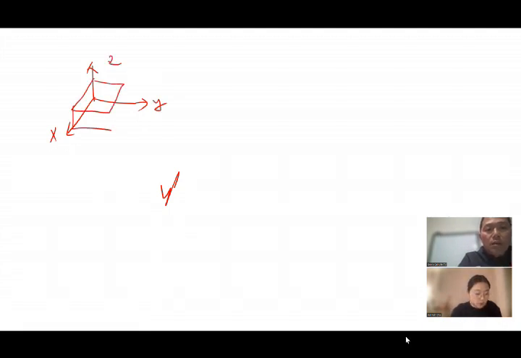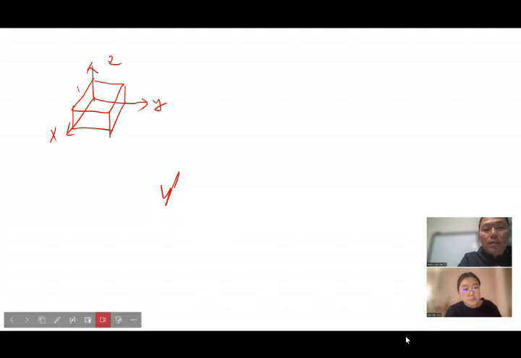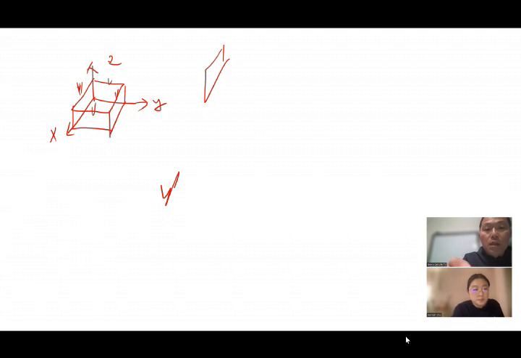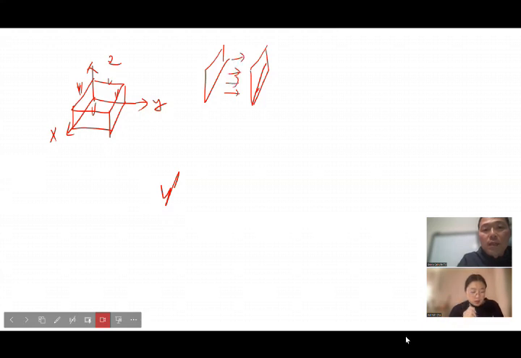You said all three directions, the X, Y, Z axes, are biased with the same potential difference, right? Yes. So if you look at this cross section in Y, and there's current flowing like that, I is V over R, and R is resistivity times L over A, right?